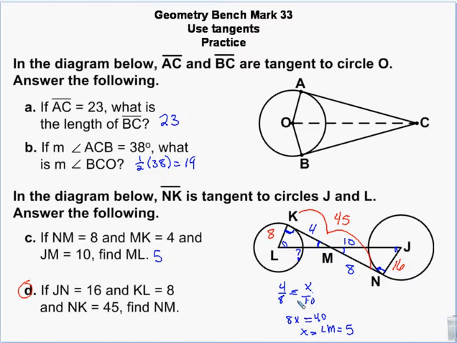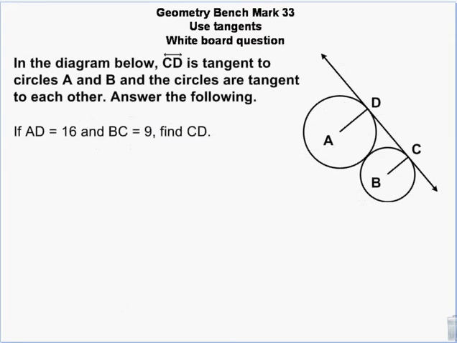Okay? CD is tangent to both A and B. And then A and B are tangent to each other because they're sharing one point. If AD is 16 and BC is 9, we want to find CD.